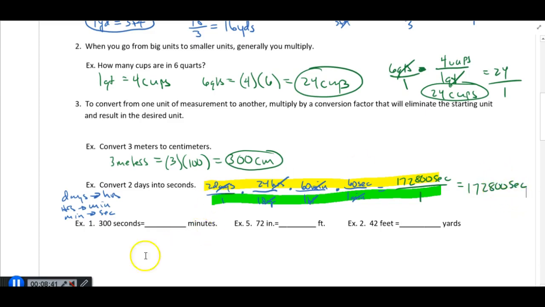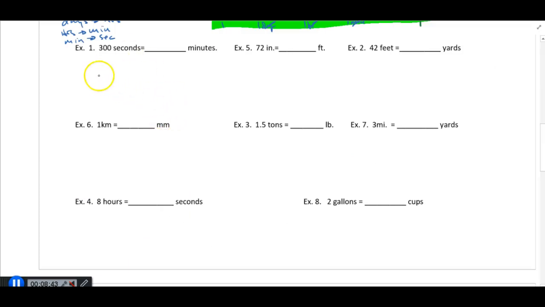Okay? So let's take a look at some quick examples here. 300 seconds is equal to how many minutes? Well, 300 seconds over 1 times. Now, if I want to cancel this out, can I go straight from seconds to minutes? Well, I know 60 seconds, those cancel out, is equivalent to 1 minute.